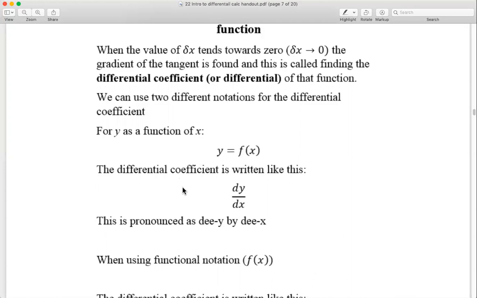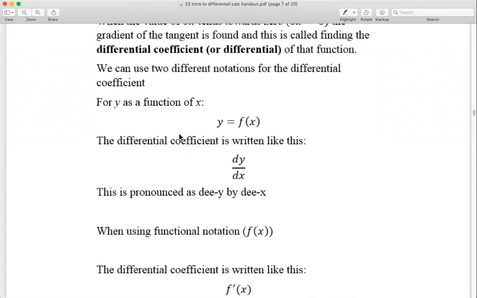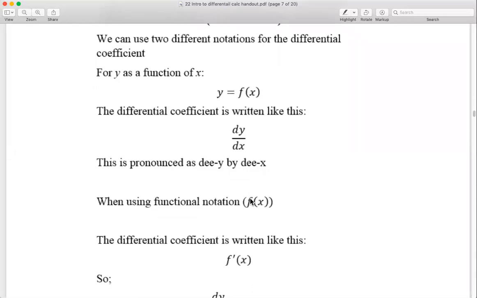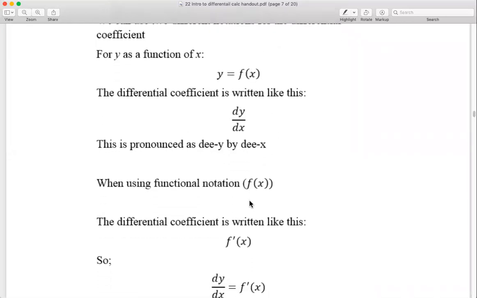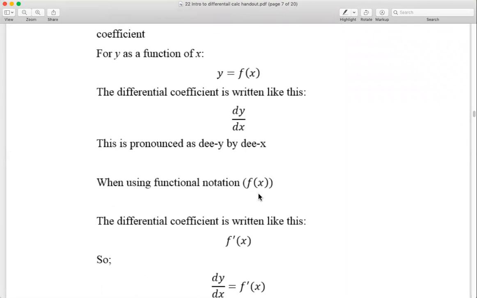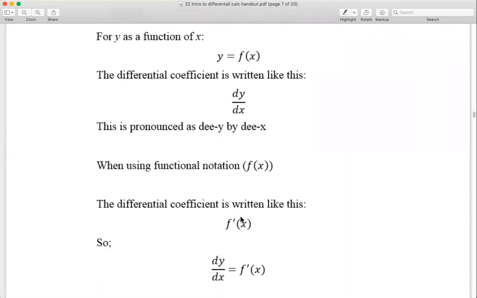So if we've got a function y is equal to f of x, the differential coefficient is written like this: dy over dx, pronounced dy by dx. When using functional notation, if we've got a function f of x, we can also write the differential coefficient as f dash of x.